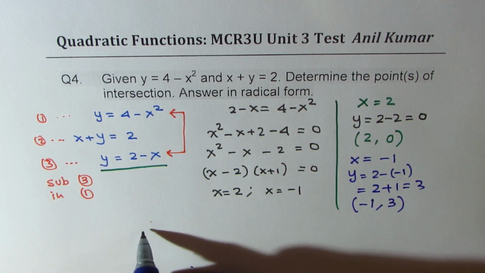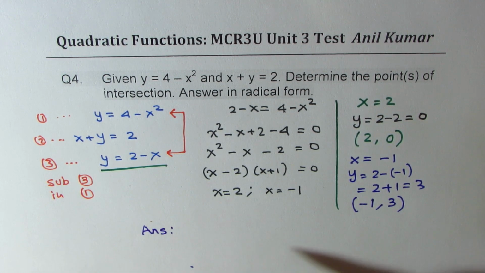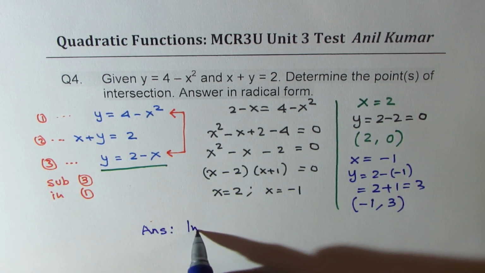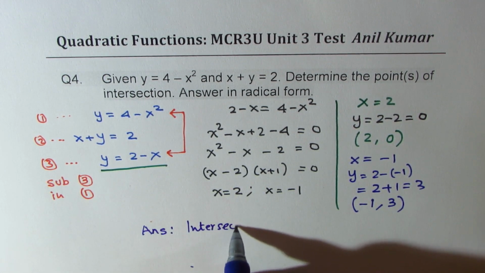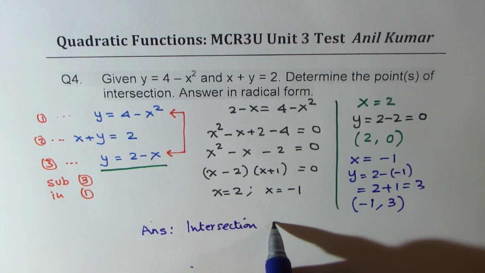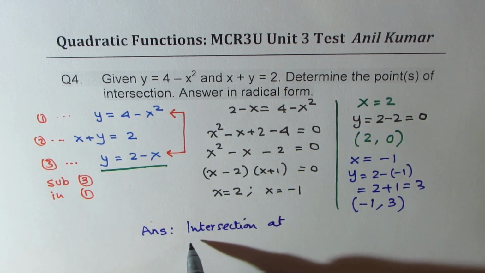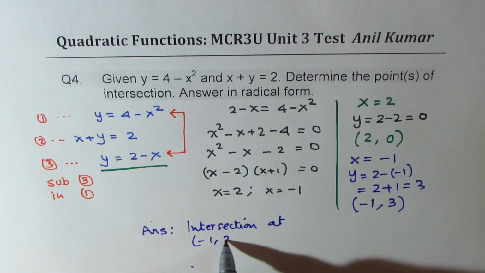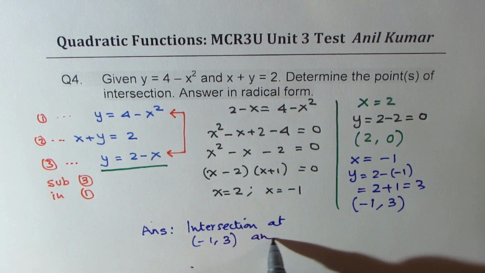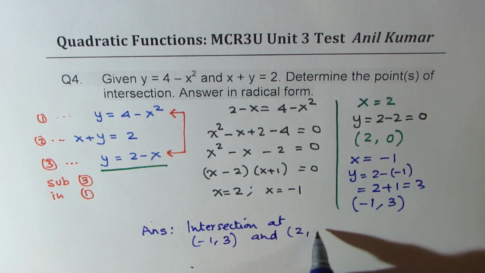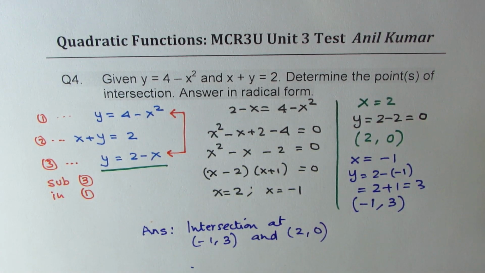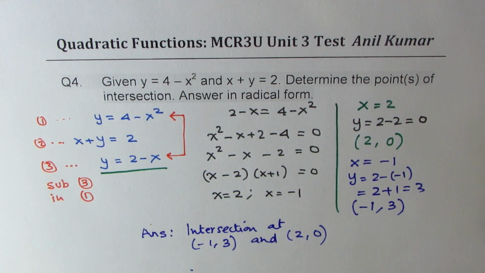So now we can write down our answer, and the answer is that the intersection is at these 2 points, which are minus 1, 3 and 2, 0. You get the idea. So that is how we are going to solve this particular question. I hope that makes sense, right? So let's move on and take up question number 5 now.